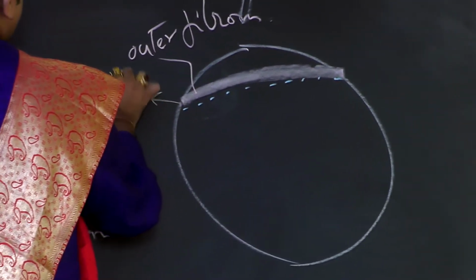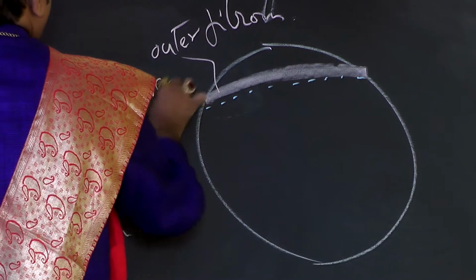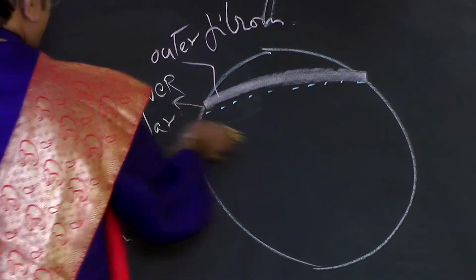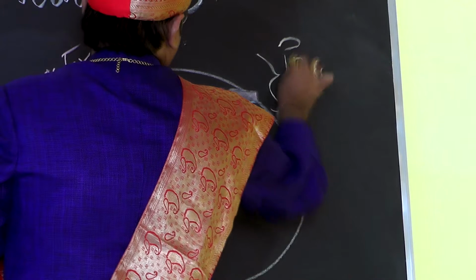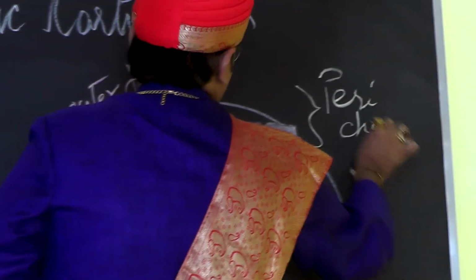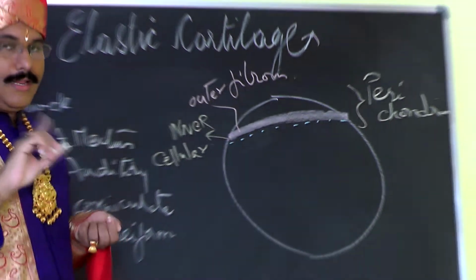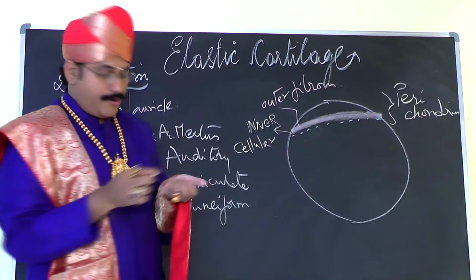So the inner cellular layer and the outer fibrous layer together form the perichondrium of the elastic cartilage. Both hyaline and elastic cartilage have perichondrium.